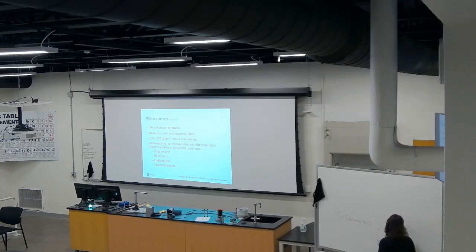So let's say that we are going to be centrifuging some ribosomes from bacteria. Then what you expect to have in this layer is the 50S subunit, and in here will be the 30S subunit.